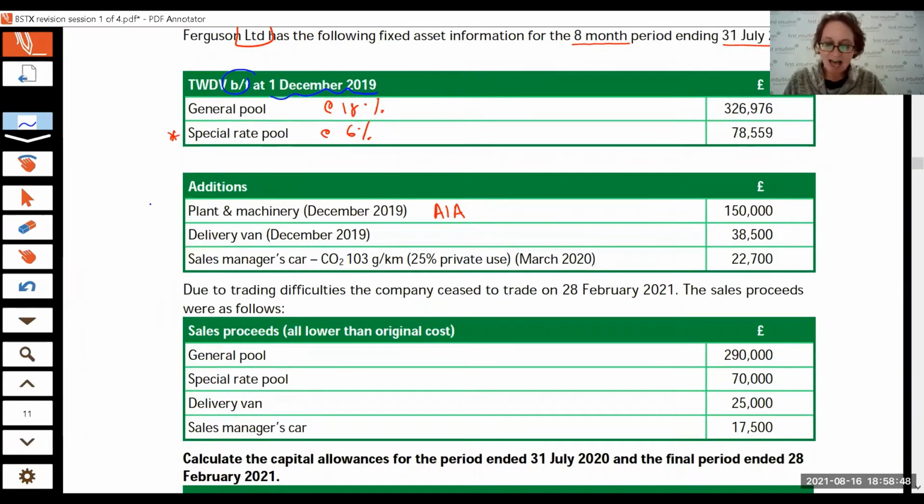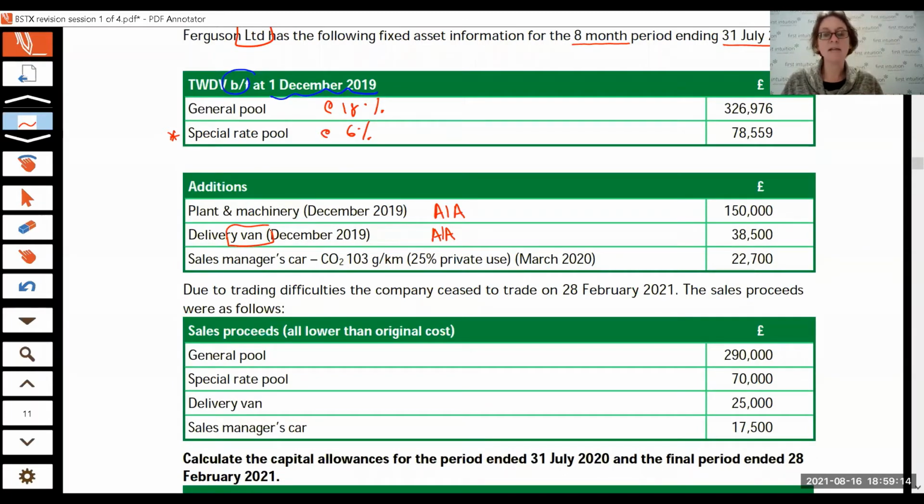There's a delivery van. What about the delivery van? What column will that go into? I'm not going to scroll back to that pro forma, but see if anybody remembers. Yes, you're right, it's an AIA. Because it's a van. If it was a car, it can never have an AIA, but it is a van. So a van can get the AIA.